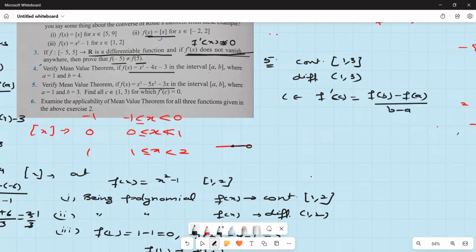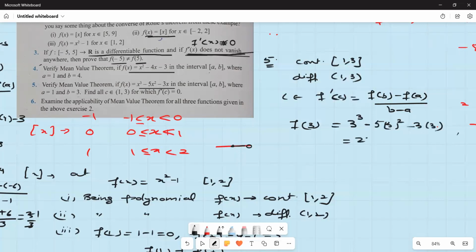So f of b is f of 3. 3 into 3 cube. 3 cube minus 5 into 3 square minus 3 into 3.